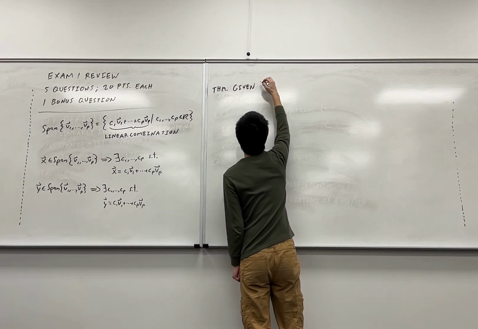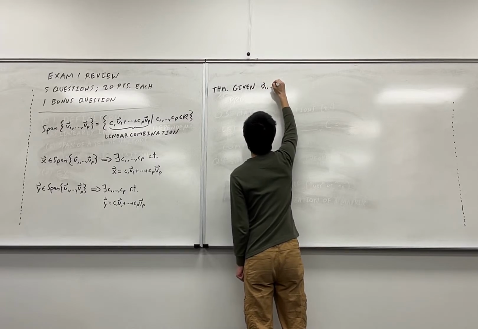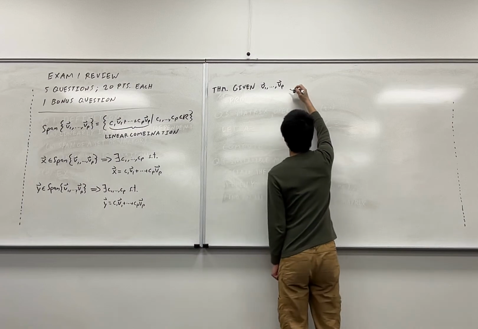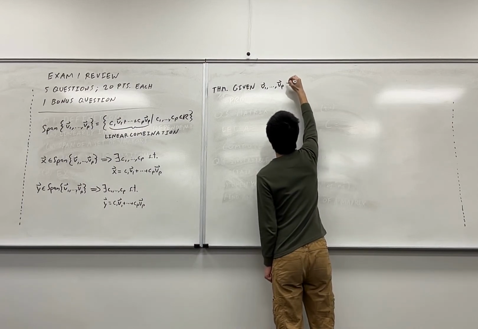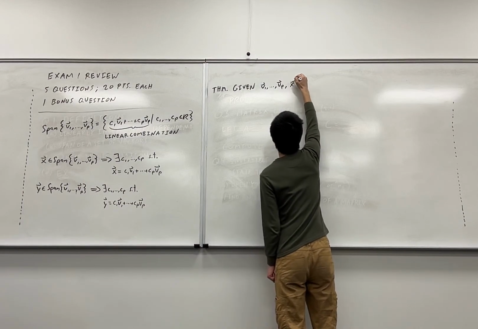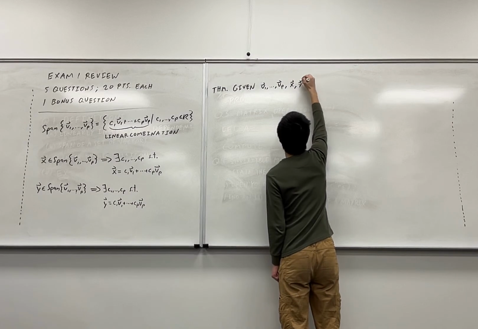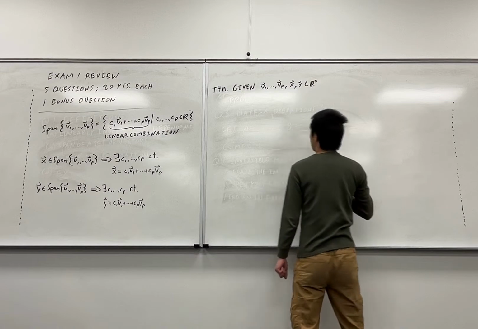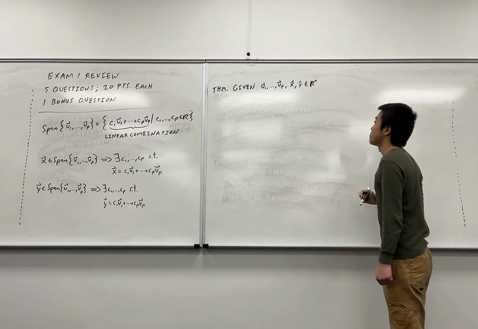Given a set of vectors v1 through vp, and also some x and some y, we'll give them n entries, so they're all the same size.